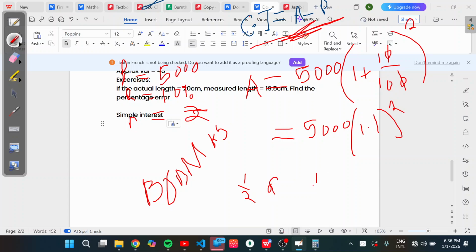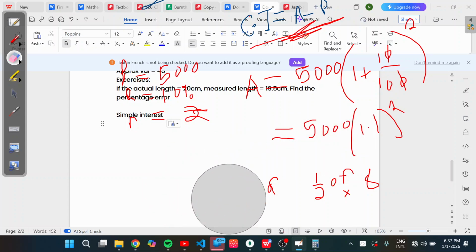Let me write this down again. 1 over 2 of 8. Yeah, so that's 1 over 2 times 8. That's what O stands for. D stands for division, M stands for multiplication, A for addition, S for subtraction. So we have the bracket starting first, so we're going to solve what's in the bracket first before we then multiply it by 5,000.